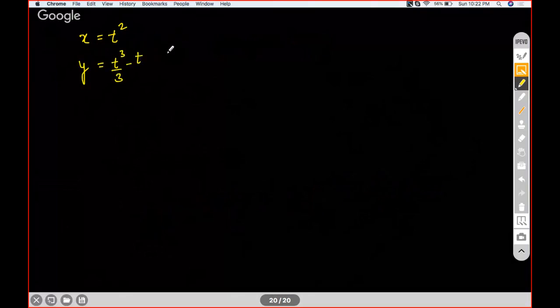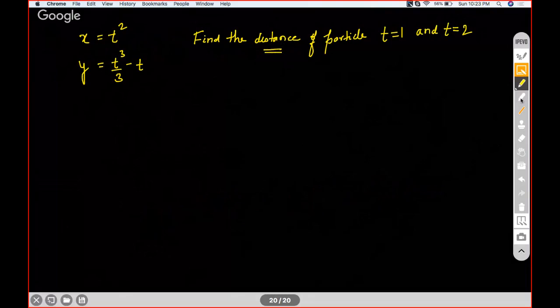Find the distance, not the displacement. Find the distance of the particle traveled between t equal to 1 and t equal to 2. So it's a distance. So it indicates that you have to find the arc length.